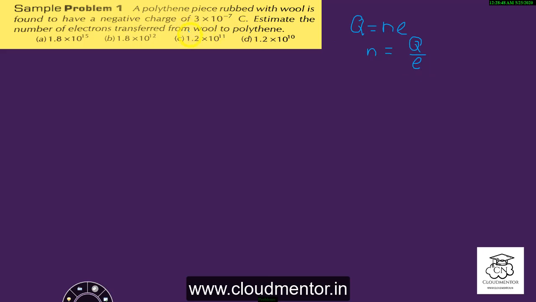Here the charge is given as 3 multiplied by 10 raised to minus 7 and it is a negative charge, so Q will be equal to minus 3 multiplied by 10 raised to minus 7 Coulomb. Also, electrons are transferred here, so e will be equal to minus 1.6 multiplied by 10 raised to minus 19 Coulomb, the negative charge of an electron.